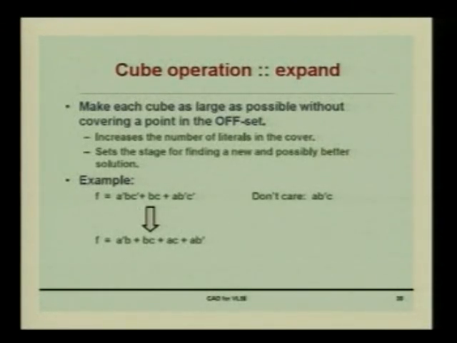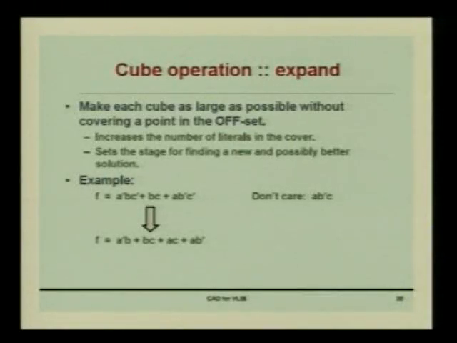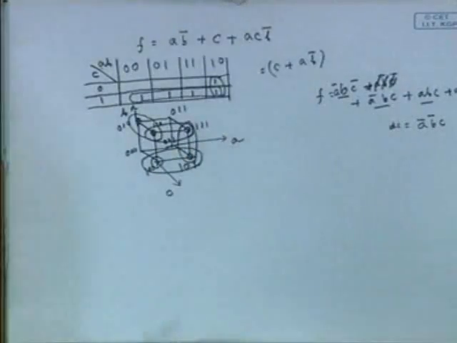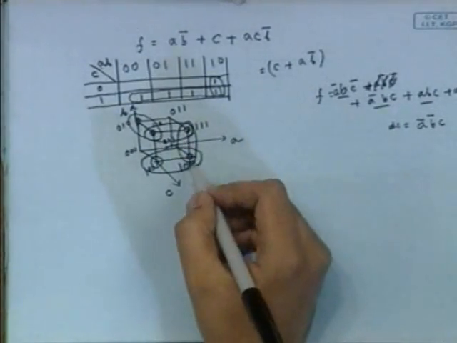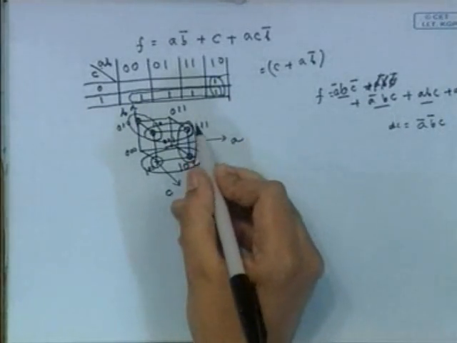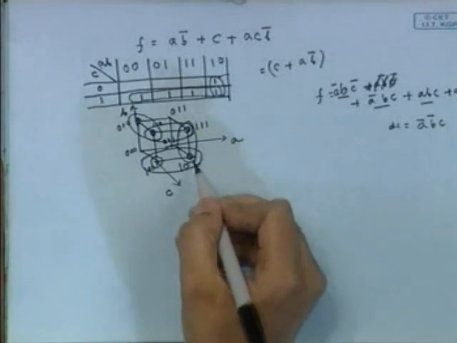In the expand step, what we do, we encircle small hypercubes, small on terms. Then we try to expand the on terms depending on what are the adjacent on terms to that on term. Suppose in this case you have 1 is the on term, and adjacent to that, first we encircle 1, then we see that adjacent to that 101 is another on term.